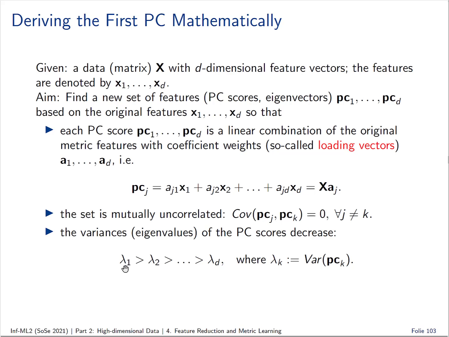So lambda1 would be the greatest, then lambda2, which is the variance, the eigenvalue, sorry, along principal component 2, PC2, which will be smaller than lambda1, but greater or equal, of course, than the others, and so on. So lambda k is the variance along the kth principal component. So that is what we actually get.